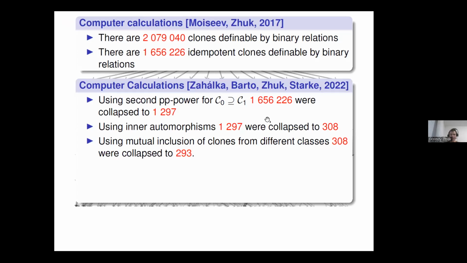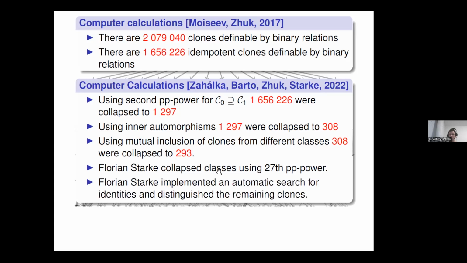But then, unfortunately, okay, not unfortunately, then Florian joined the project. And as usual, machine beats human. And he wrote two programs, actually. One searched for collapses using even the 27th power, and another program searched for identities to distinguish the remaining clones. And using these two programs, Florian managed to collapse the remaining clones.